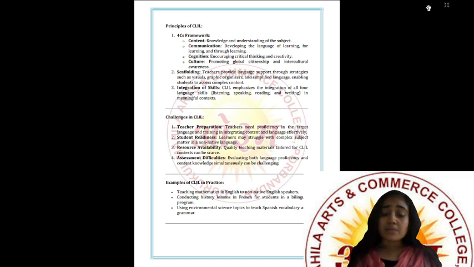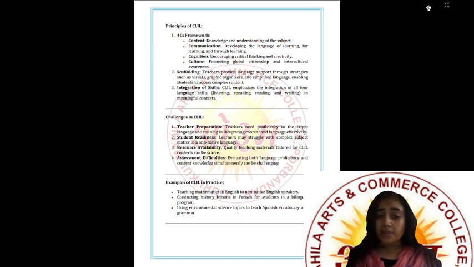Fourth one is assessment difficulties. Evaluating both language proficiency and content knowledge simultaneously can be challenging because it happens sometimes that the student is good with language but is not good with the content or vice versa. So assessment difficulties are also there.